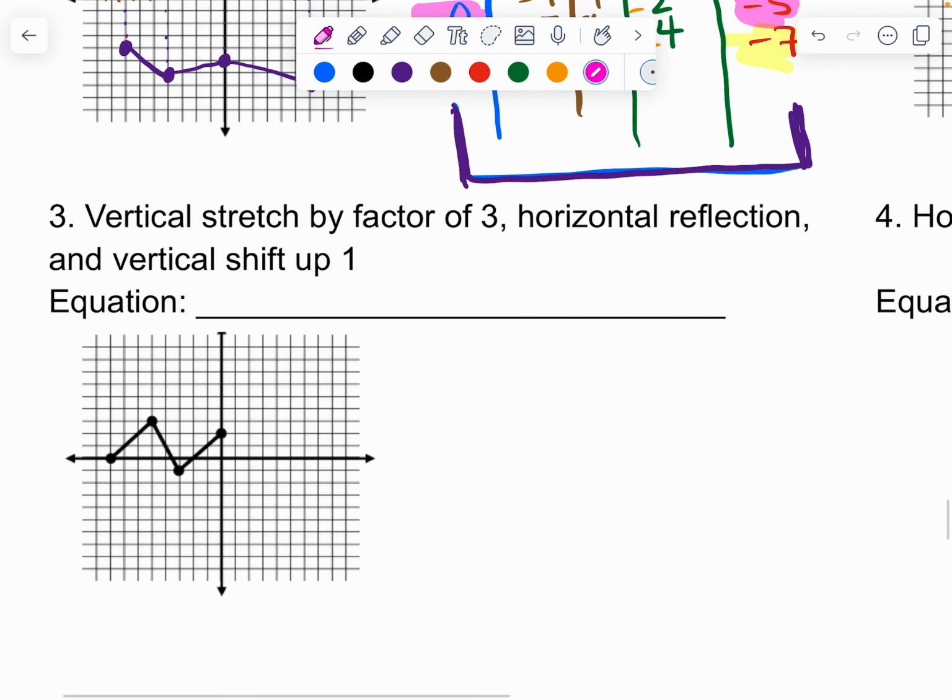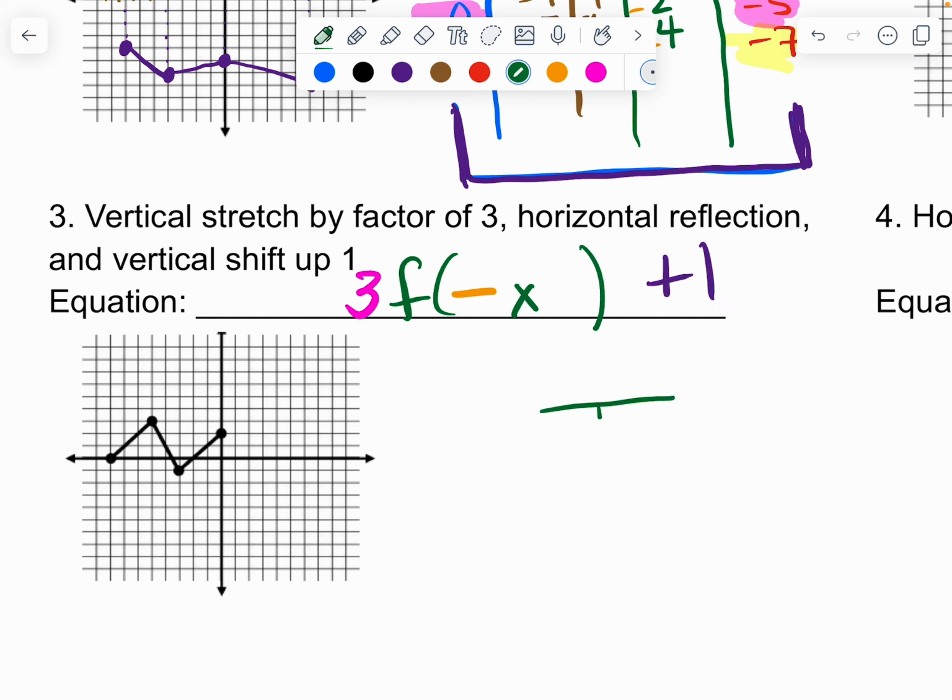So this one, I'm going to start off with f and x. Those are where I'm starting off at. A vertical stretch of factor of 3. A horizontal reflection. And a vertical shift up 1. Okay, so we're going to start with our points that we've been given.